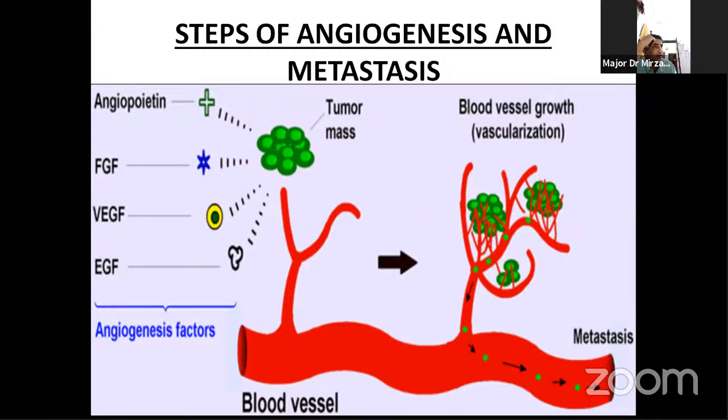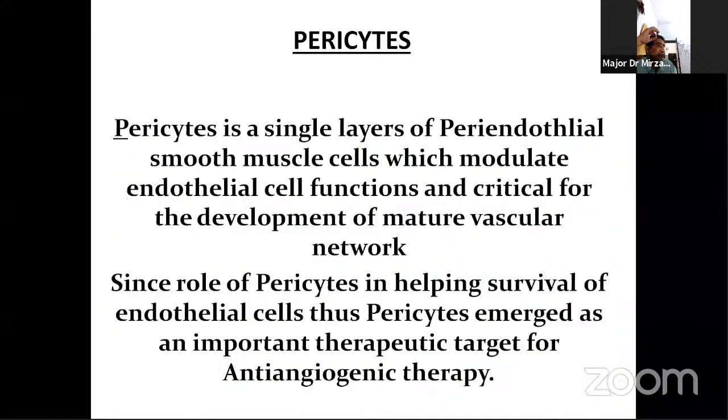There is also one entity that is very important in this sequence of angiogenesis. The pericytes are a single layer of peri-endothelial smooth muscle cells which modulate the endothelial cell function and are critical for the development of a mature vascular network. Since the role of pericytes is helping the survival of endothelial cells, pericytes emerge as an important therapeutic target from angiogenic therapy.